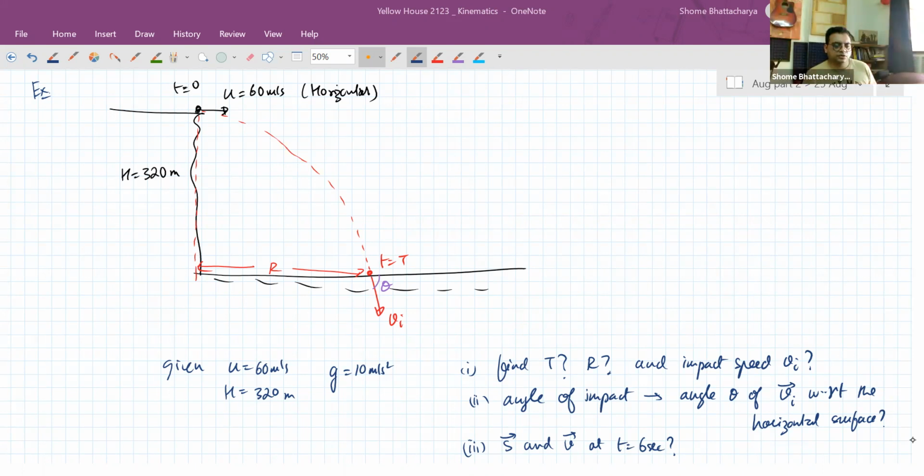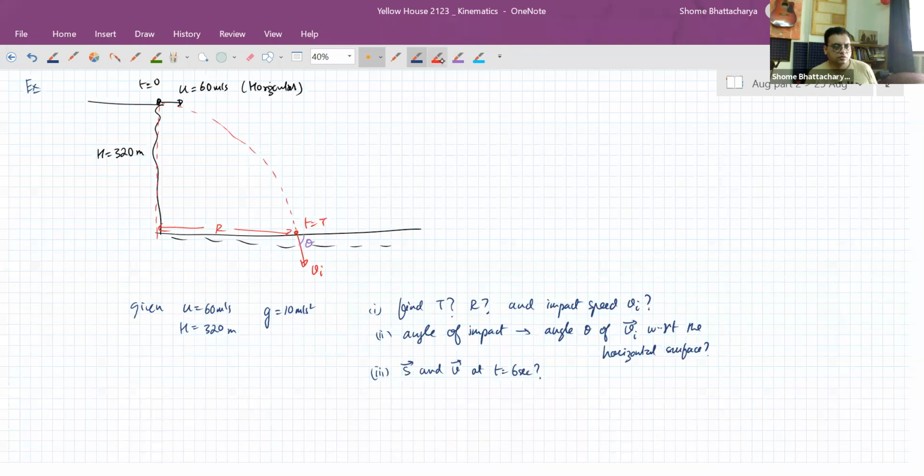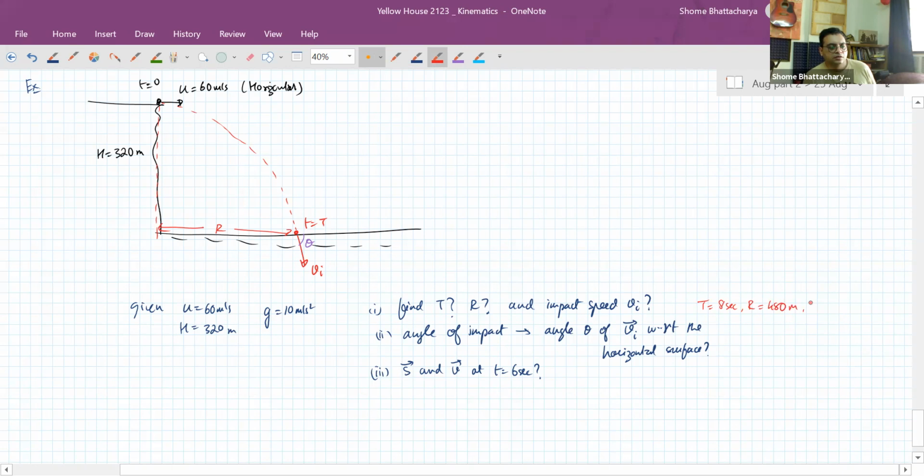Okay, so I'm just first of all giving you the answers, then you can verify them yourself and we'll discuss. So you should be getting time as 8 seconds, the range as 480 meters, and the impact speed will come 100 meters per second, but it will be at an angle of 53 degrees with respect to the horizontal.